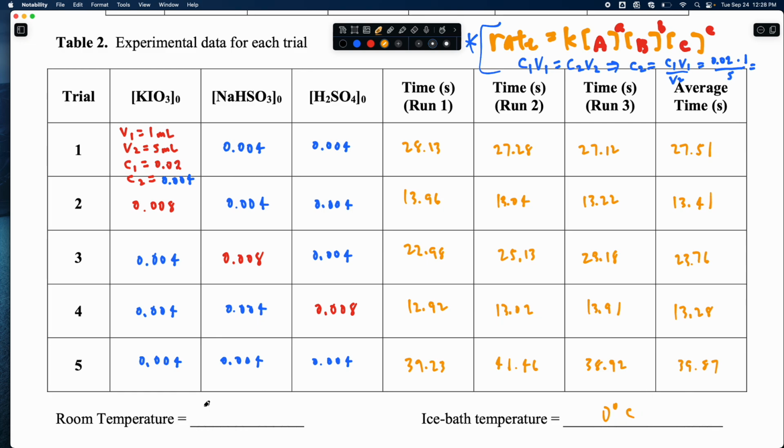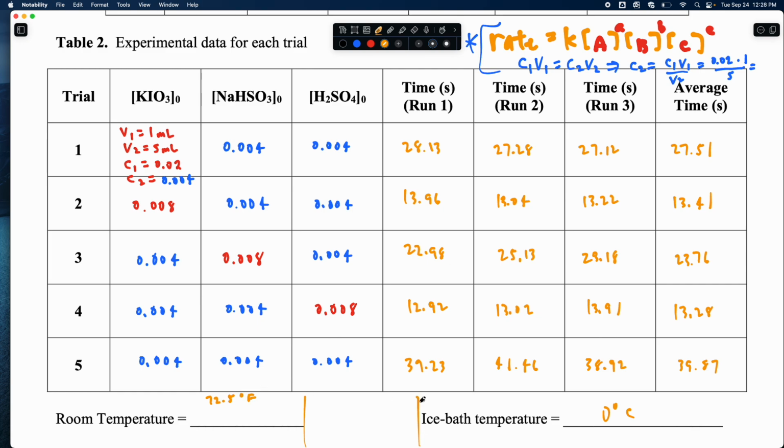And the room temperature was 72.5 degrees Fahrenheit. I have to do a little calculation.